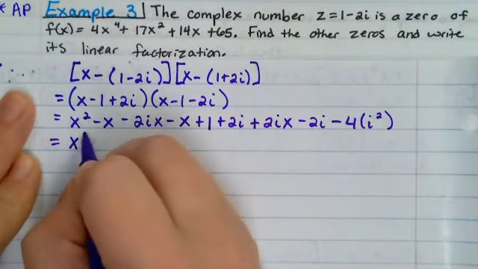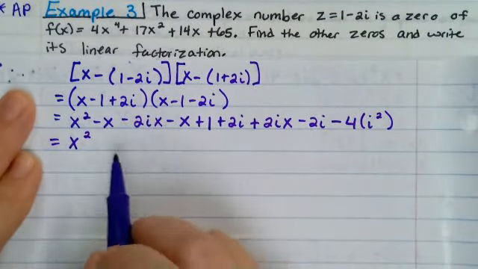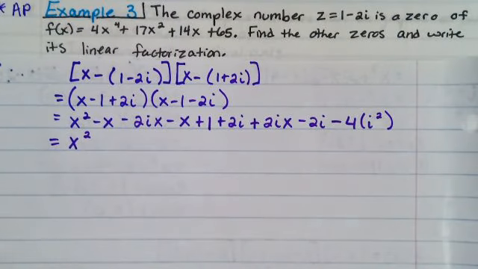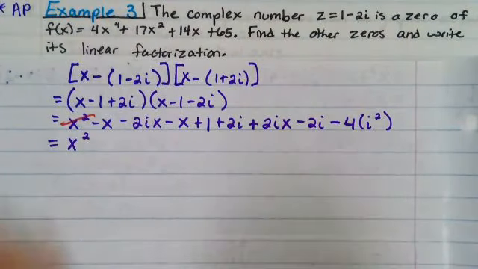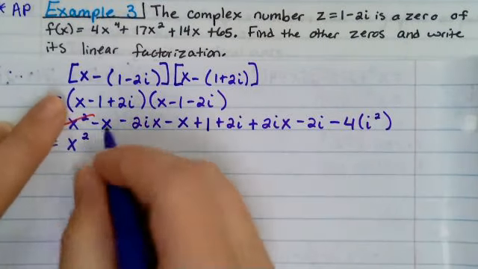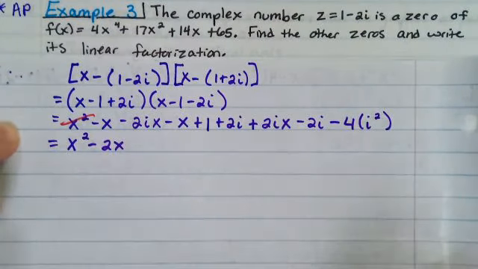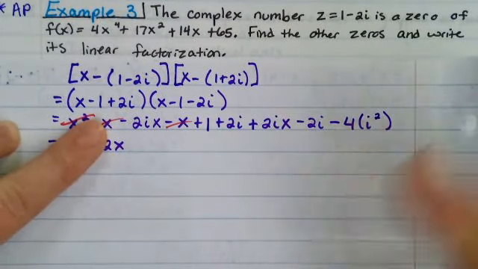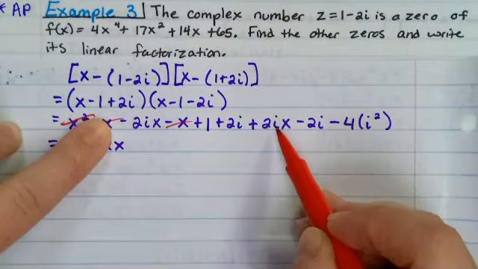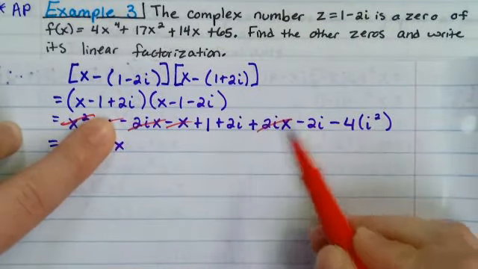All right, so here we have x squared. Combine our like terms. I'm going to cross these off as we go because it is kind of ugly. So we did that one already. Now we have negative x minus x, and those are the only ones like that, so that's a negative 2x. Negative 2ix, and then we have a positive 2ix over here, so those are gone.